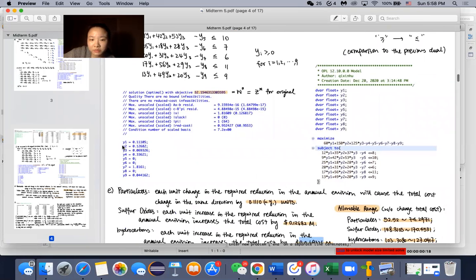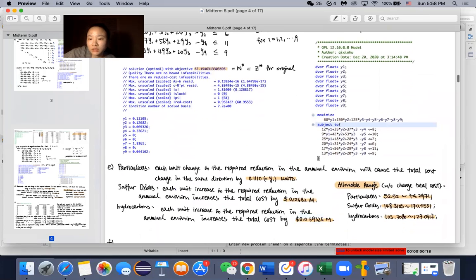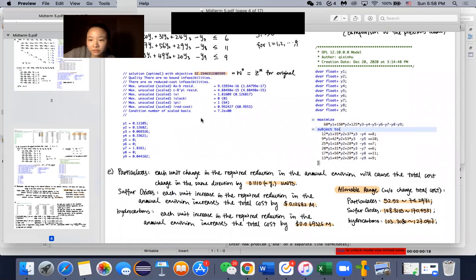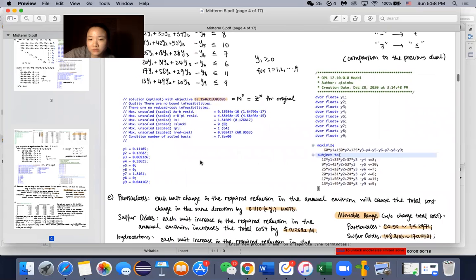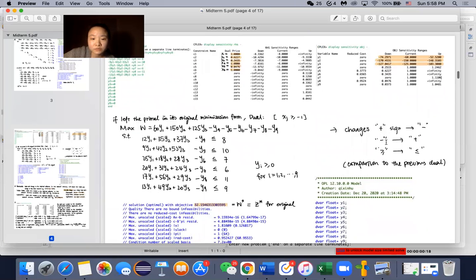Actually, it's the same here: it's y1, y2, and y3, and the allowable range is also obtained from the sensitivity analysis of the function, which is here. But this is for the -1, so we need to change it into the positive.